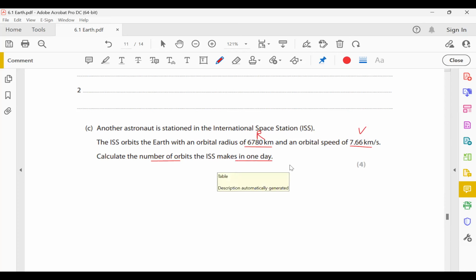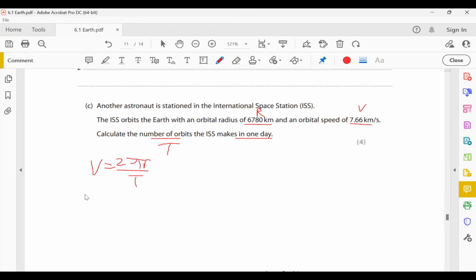So first things first, I want to know how long it takes for one orbit, which is T, right? So using the formula v equals 2 pi r over T, I need to find T as 2 pi r over v, which in this case will be 2 times pi times my 6780, and then divide by my v, which is 7.66.